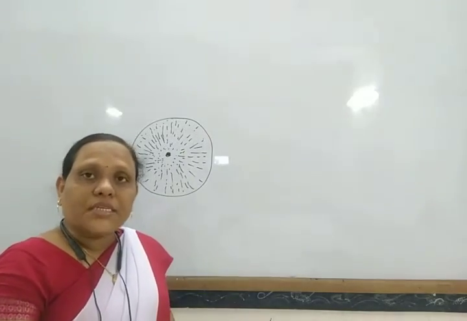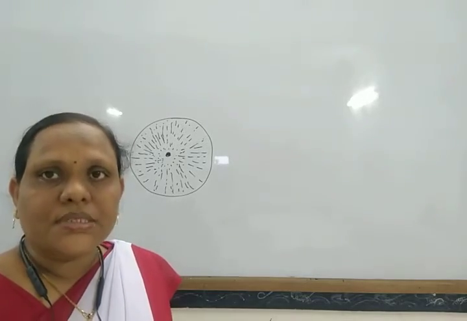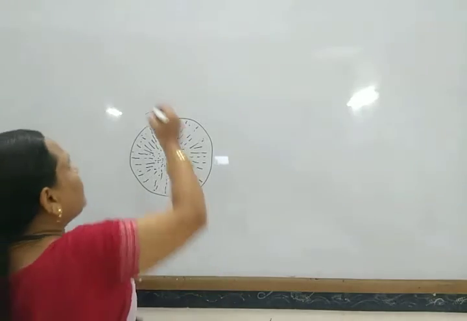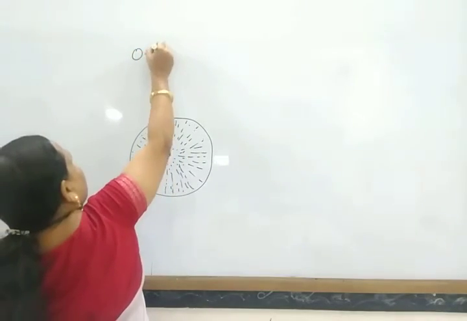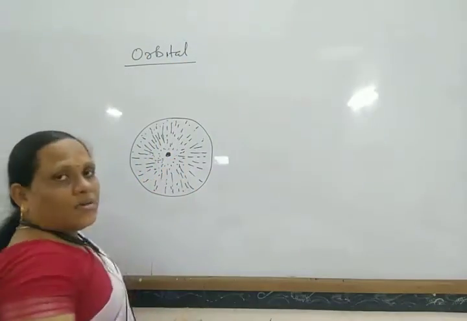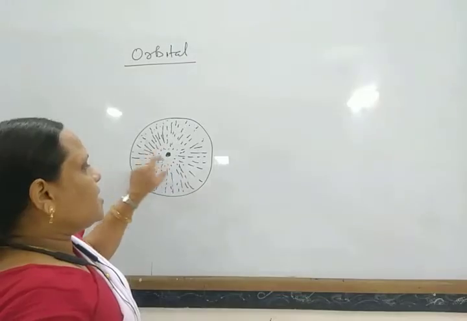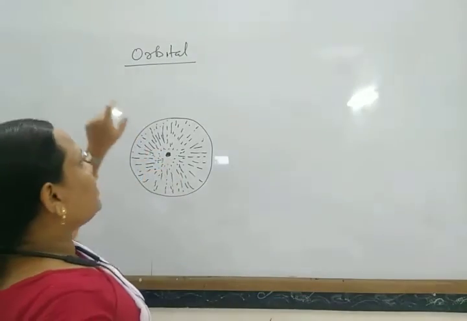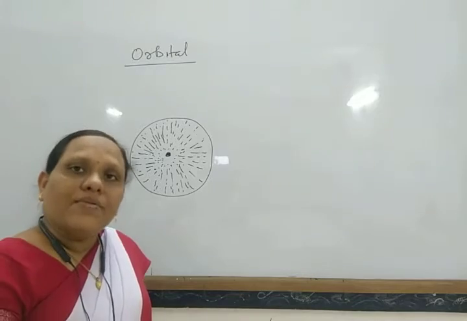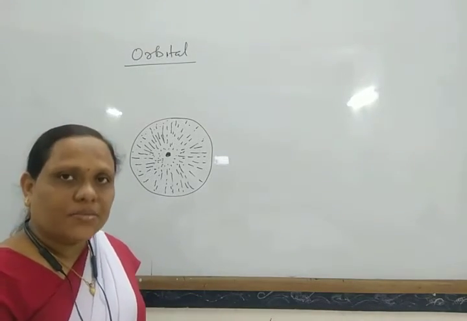So it gives rise to a new concept. After the uncertainty principle, a new concept arises, known as orbital. So what is orbital? It is the region around the nucleus where the probability of finding the electron is maximum.